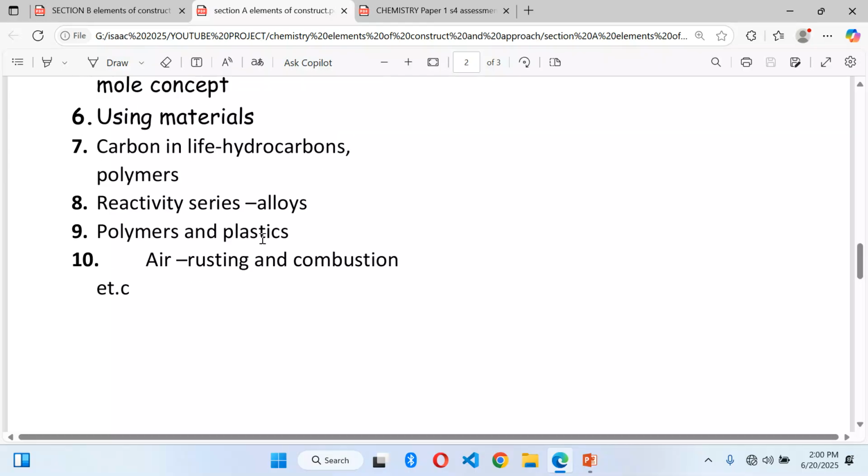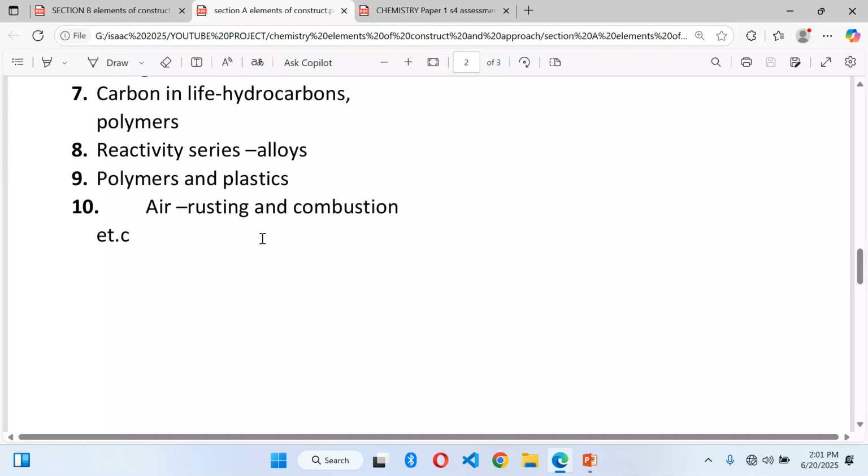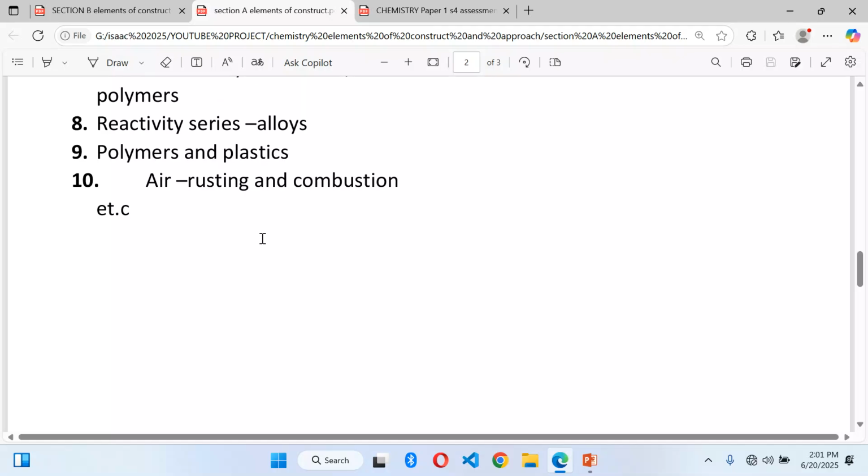Now, what do we do when we are approaching scenario items in this element of construct?